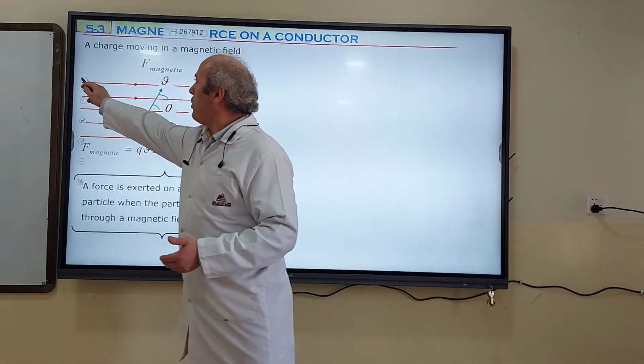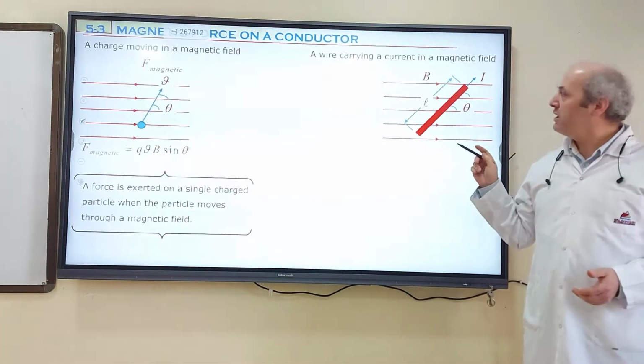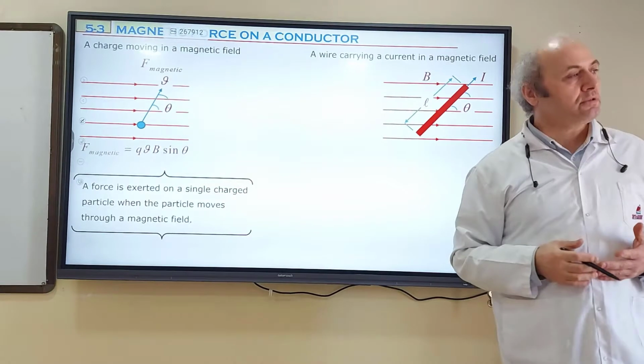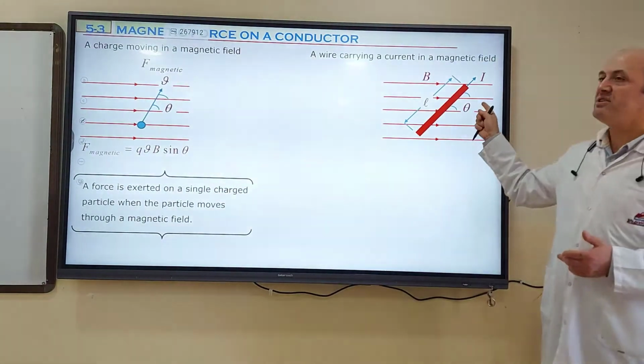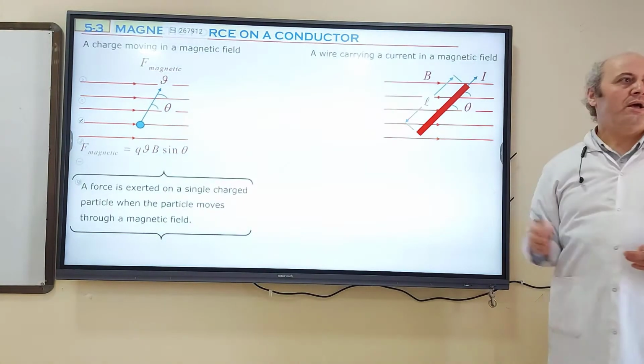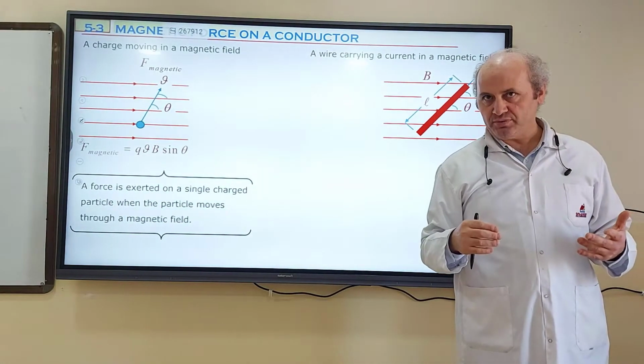But if you put a wire inside a magnetic field, this wire also experiences a magnetic force if it carries some electric current. Electric current is motion of electric charges.